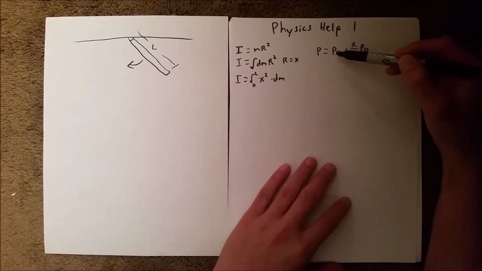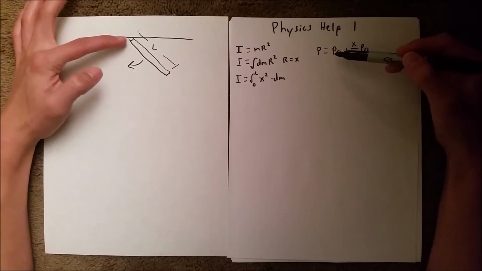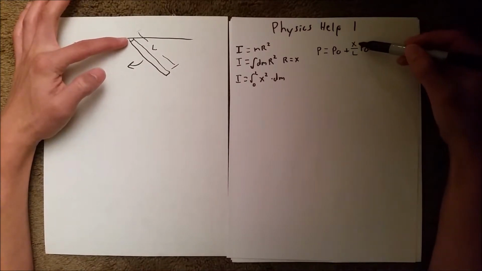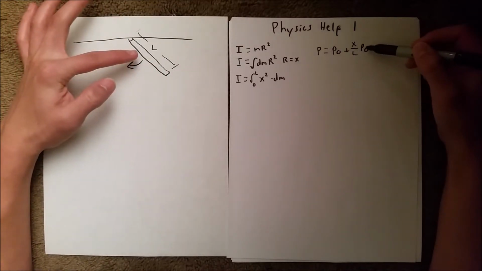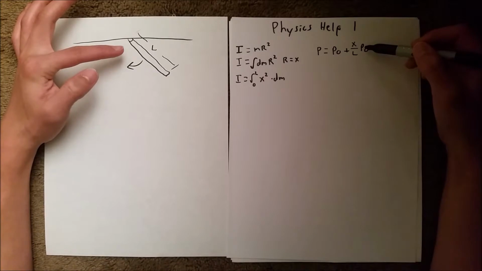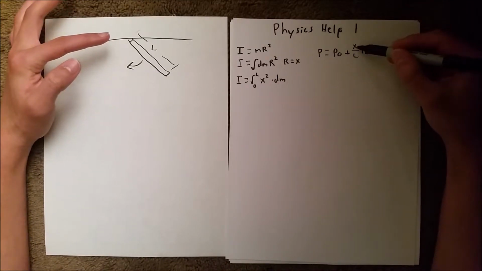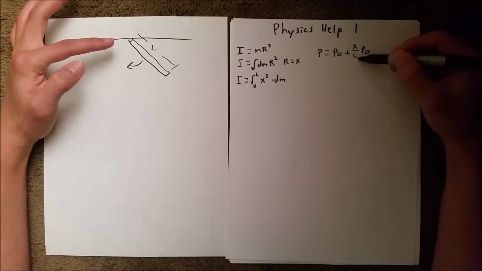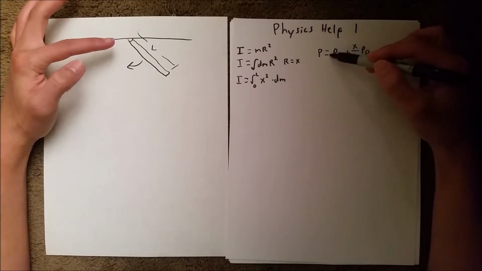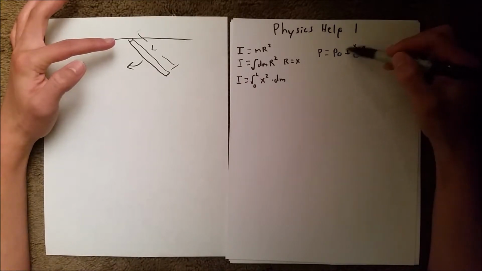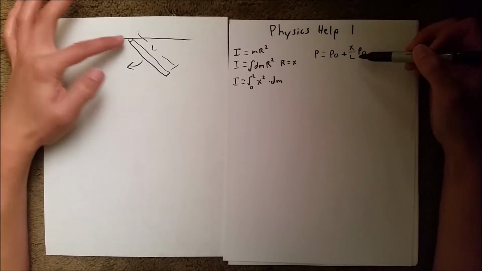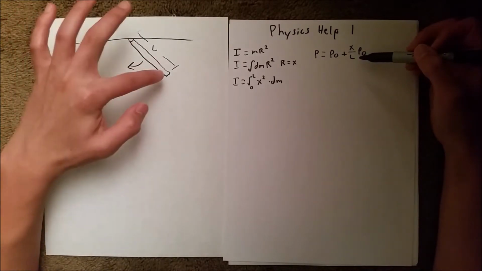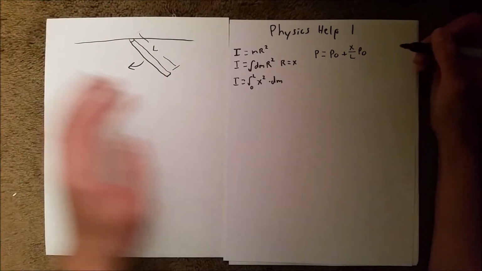So basically, if our x is the same as L, so it's just 1 there, we get rho equals rho initial plus rho initial, which is just rho equals 2 rho initial, which is saying the rho here is equal to 2 rho here, so it makes sense.